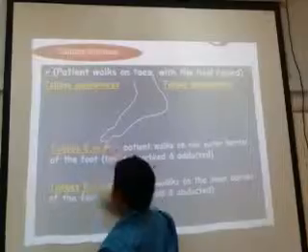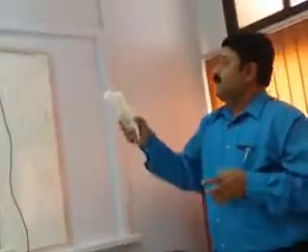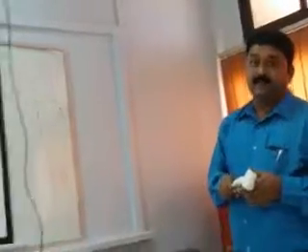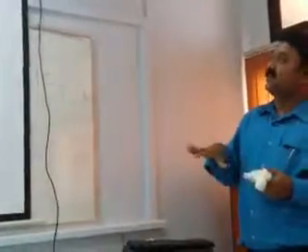If he walks on the outer border, that condition is called talipes equinovarus, whereas if he walks on the inner border, we call it talipes equinovalgus. Talipes equinus means the person walks on the toe without touching the heel on the ground. Okay, this is one condition.